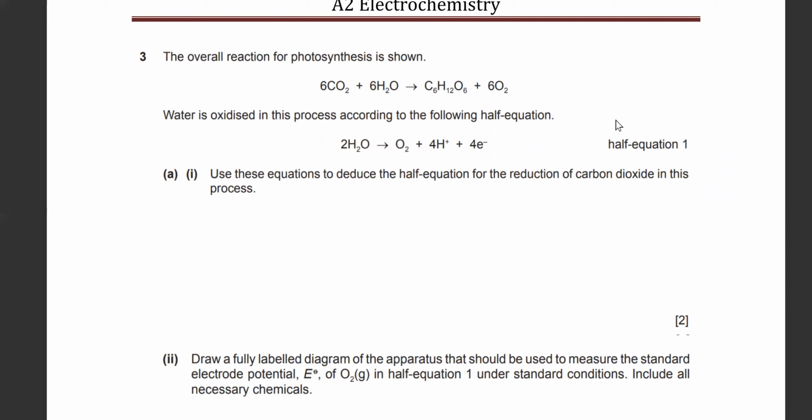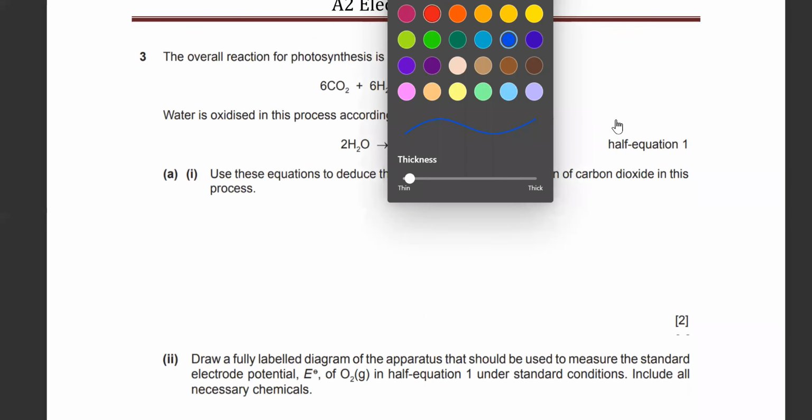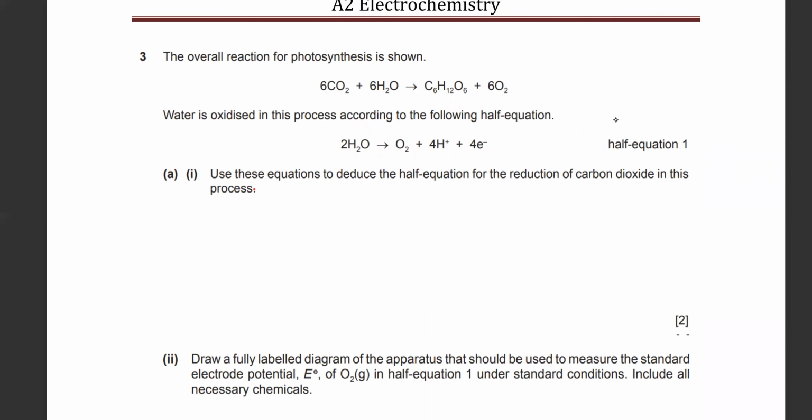They're saying that this is the overall reaction. How do you get the overall reaction? It's the sum of two reactions, right? It's the sum of the oxidation reaction and the reduction reaction, right?